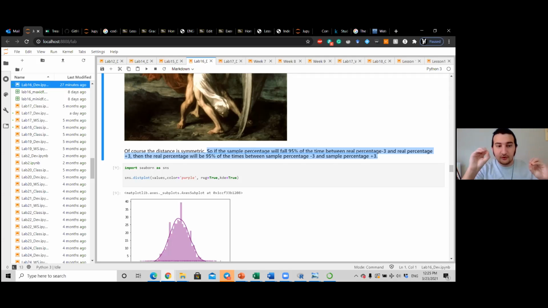In the man mode, you're going to say, okay, 95% of the times, the true population will have a percentage or a mean equal to my sample percentage minus 3, my sample percentage plus 3. So you're using your sample to pass a judgment about the population. You're giving a range for the possible population mean to fall into based on your sample.